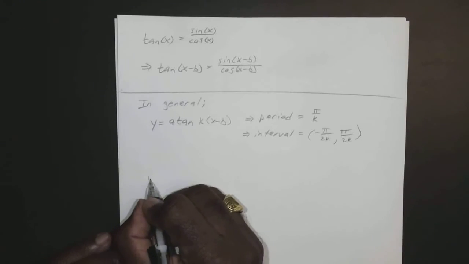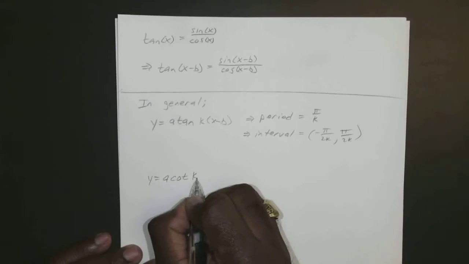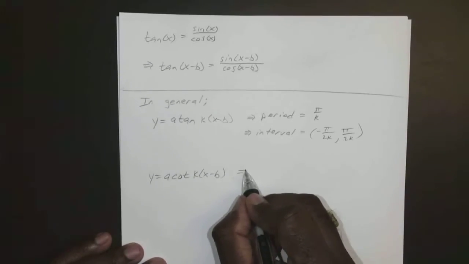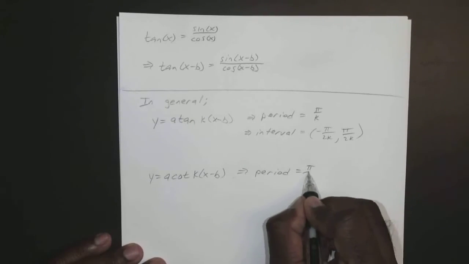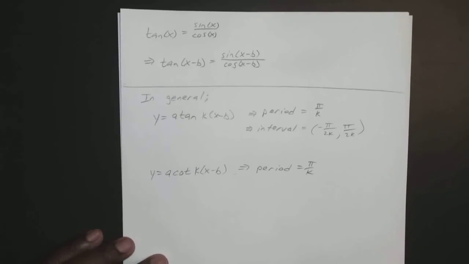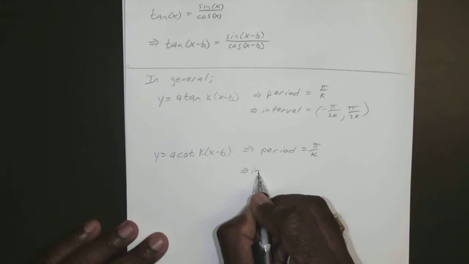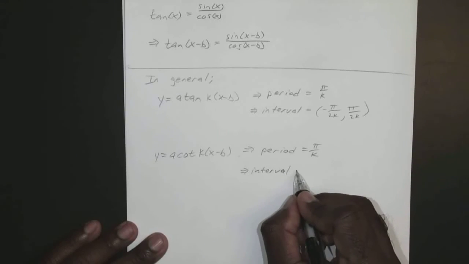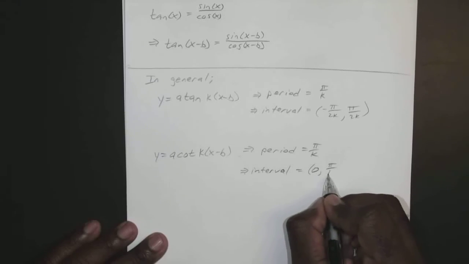Okay. Now for cotangent, y equals a cotangent k of x minus b, your period is also pi over k. And your interval is 0 to pi over k.